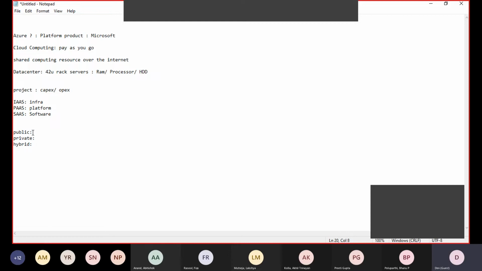When you talk about public, we are using a service like Azure. It is managed by the service provider, whatever services you're hosting, and it is multi-tenant, totally managed by whatever service you're using, Azure, AWS, and so on.